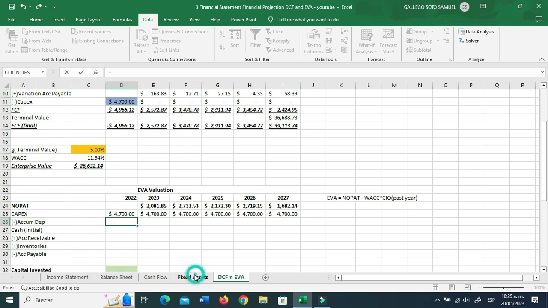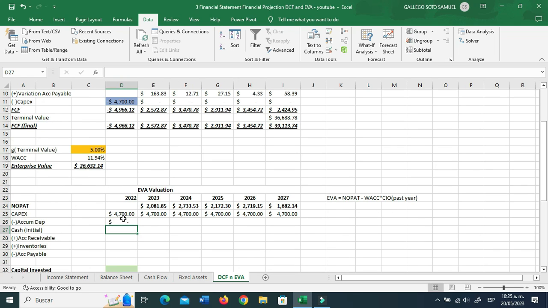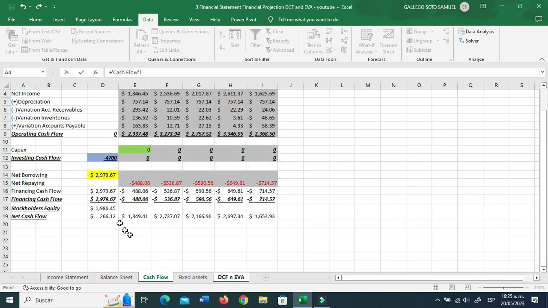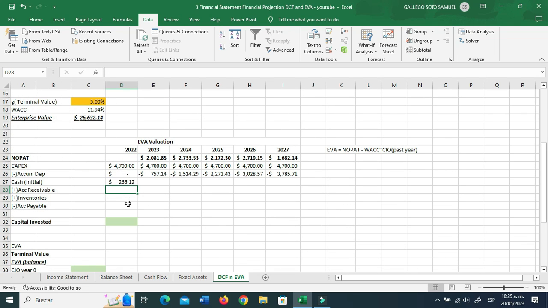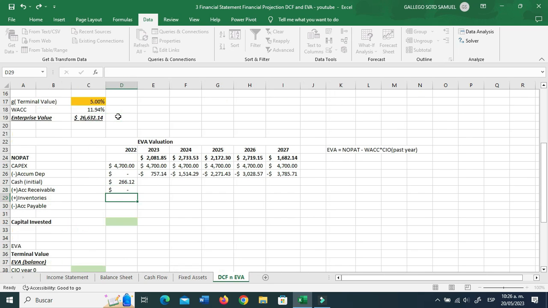That's previously formulated in the other sheet that I left on copy too. So the accumulated depreciation expense is going to be my negative value. This is 0 because this is 2022, so 0 for year 2022, and 2023 all the way to 2027. Now for the initial cash, that was the positive value over here.